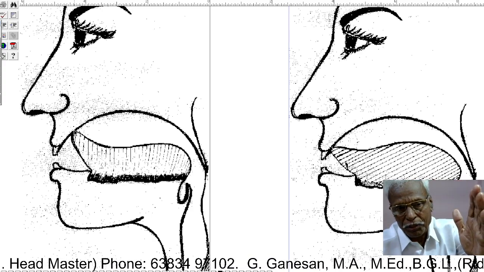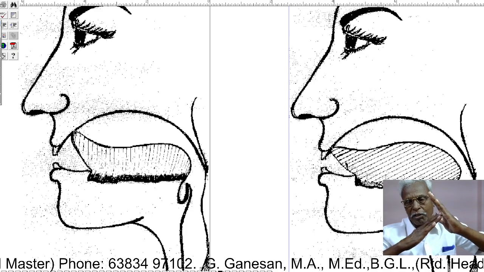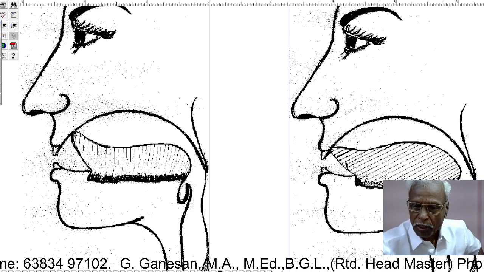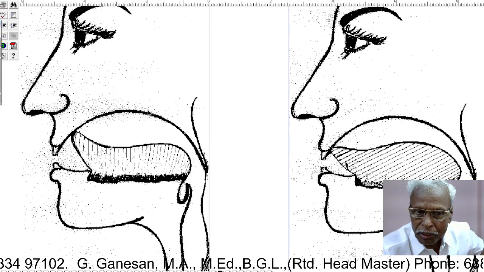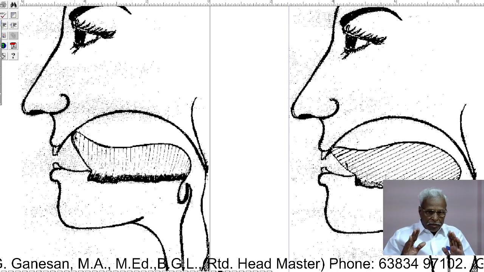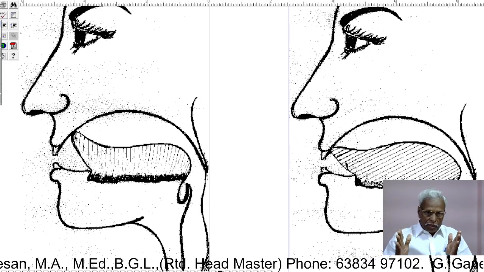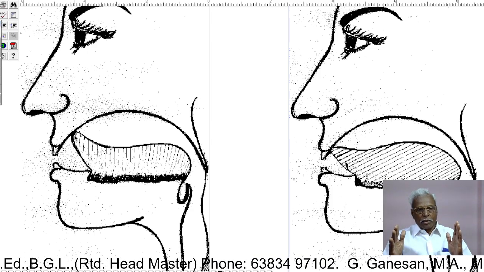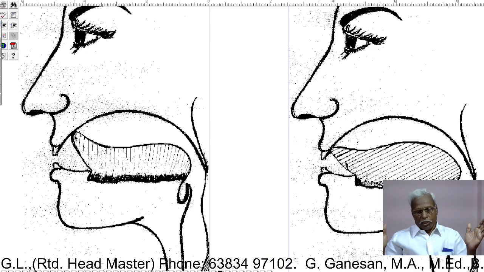This is the way: English, upper teeth ridge; Tamil, just above the upper teeth ridge. In this way, the English and Tamil sounds differ from one another.